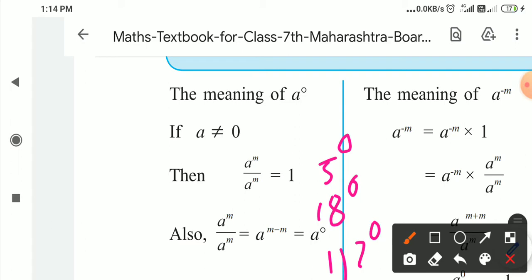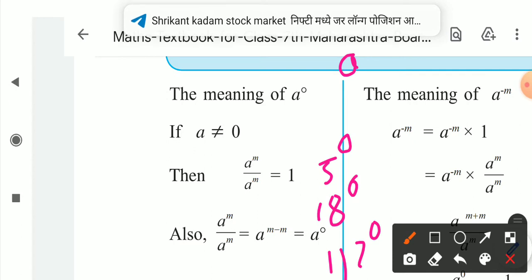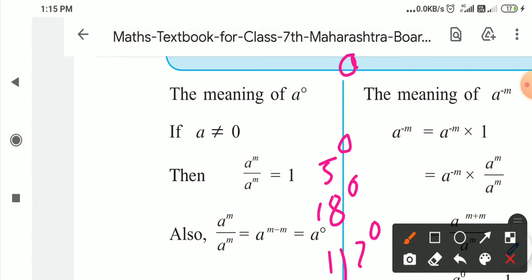The meaning of A raised to 0, where A is not equal to 0, means it must be a non-zero number. At that situation, A raised to M divided by A raised to M is equal to 1. Means any number raised to 0, its answer is always 1.